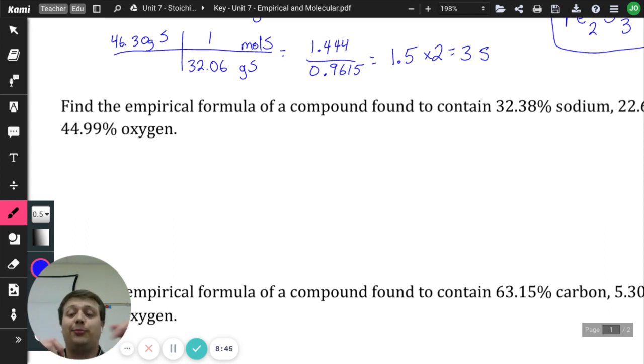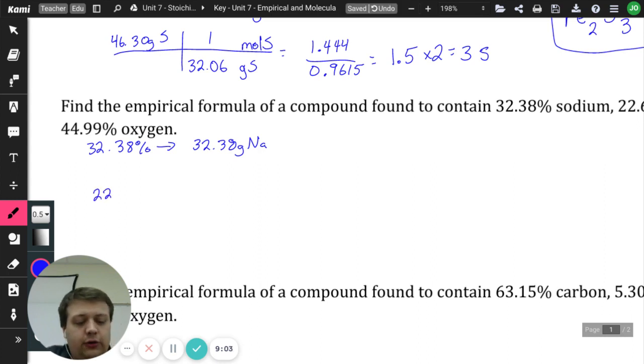So if I have 32.38% sodium, 32.38% sodium is going to be 32.38 grams of sodium. Okay? I'm going to do that same thing with all of them.